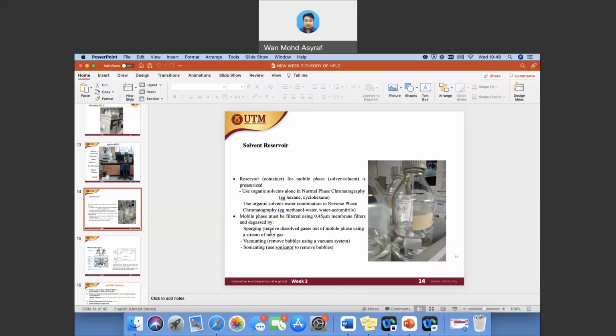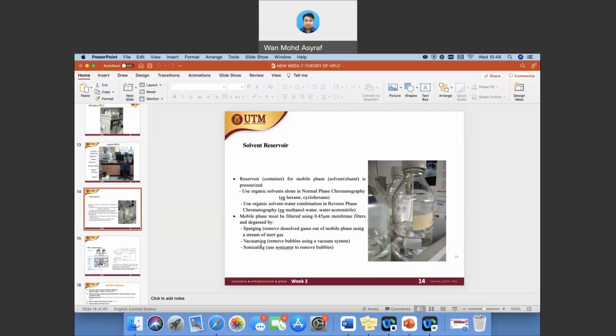Sparging is the removal of any dissolved gases inside your mobile phase. So now we are going into something more critical, where before this you would just filter it so that it is free from any solid material. Now you also need to eliminate the dissolved gases by the sparging method.